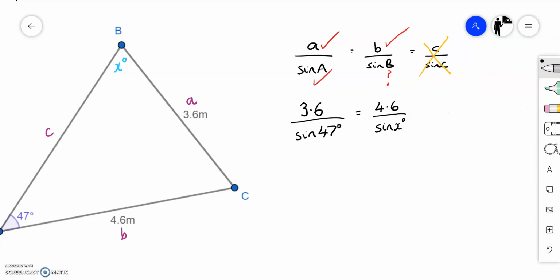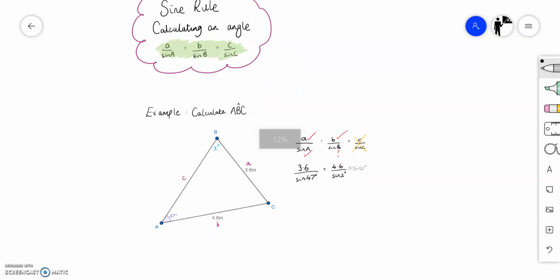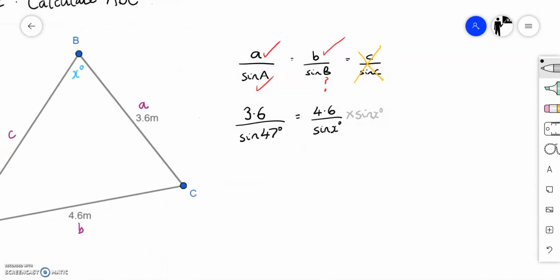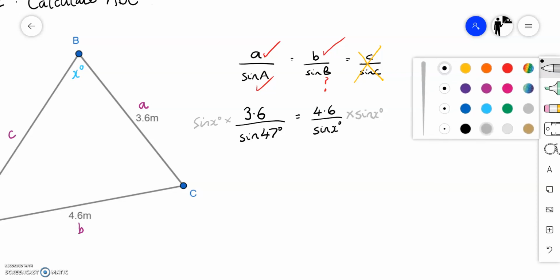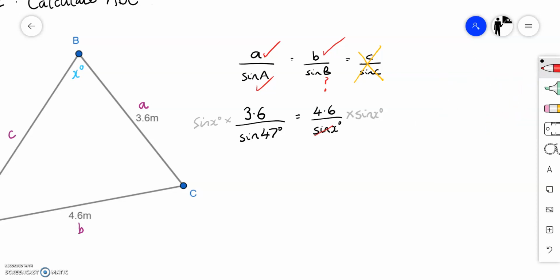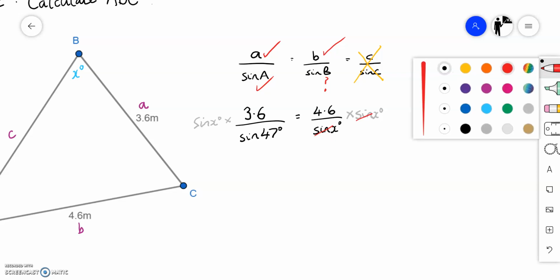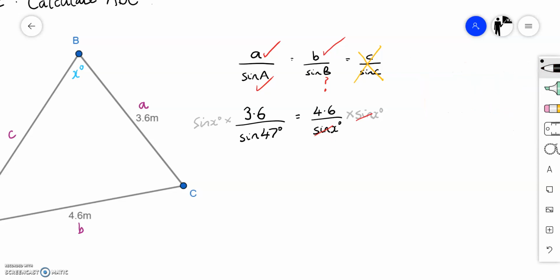So that's what we're going to have to do here. We're going to need to multiply both sides by sine x. We do that because these sine x's will simplify. So what are we going to be left with here? Well, we're going to be left with sine x times 3.6, so that's 3.6 sine x over sine 47 degrees is equal to 4.6.